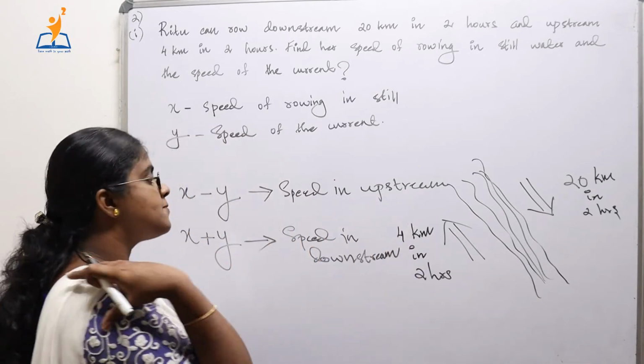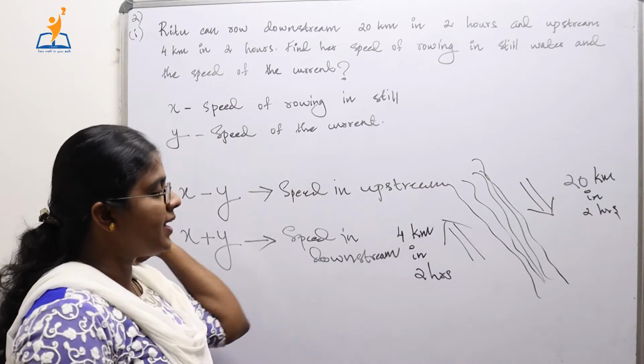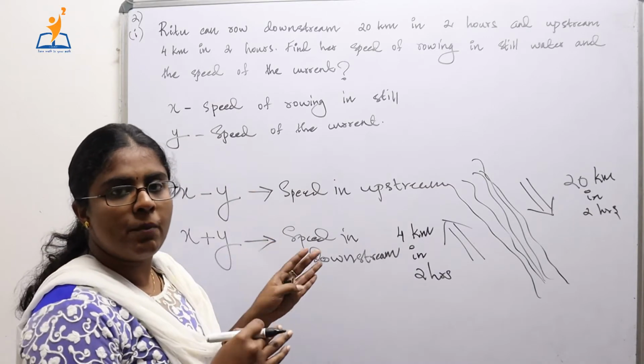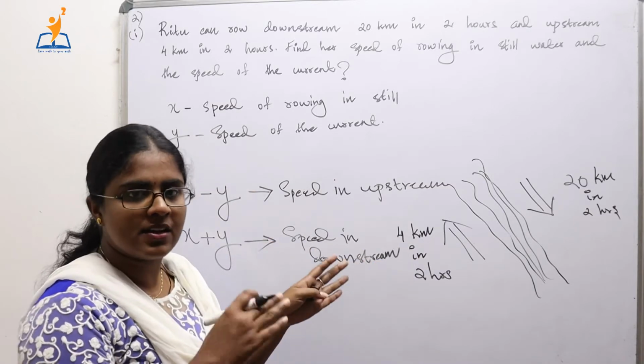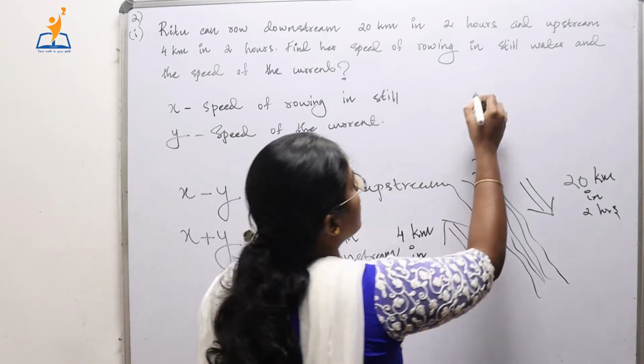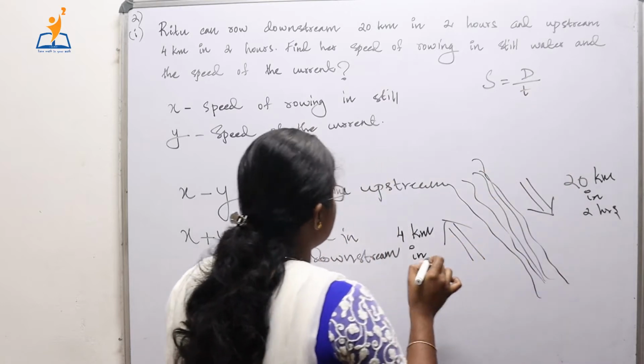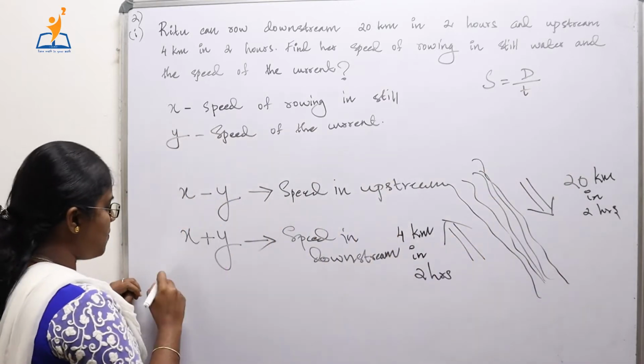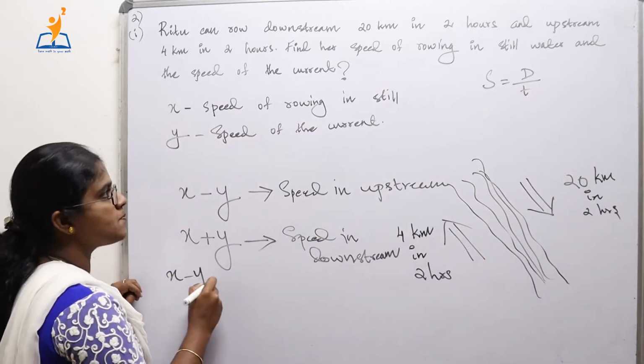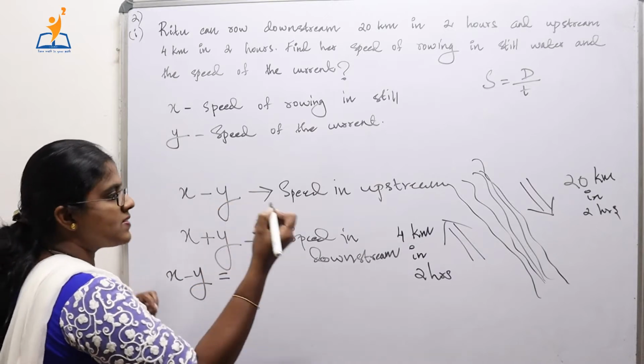So we got the speed in upstream and the speed in downstream for both the cases that Ritu rowed. Now we know that speed is equal to distance by time. So in upstream we have x minus y as speed, which is equal to distance by time.